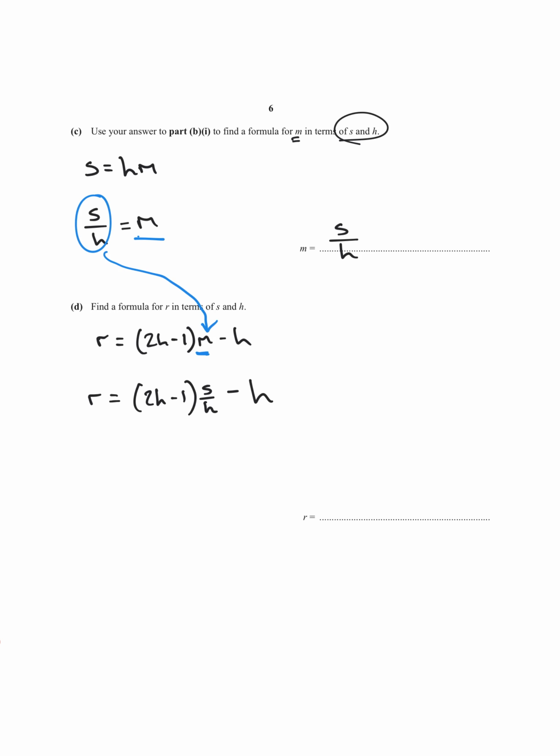All I've done is change that little blue bit that I've underlined, that m, for an s over h. And we don't need to simplify. That's it. Let's leave it like that. Not create any work for ourselves. So 2h minus 1, s over h, take away h.